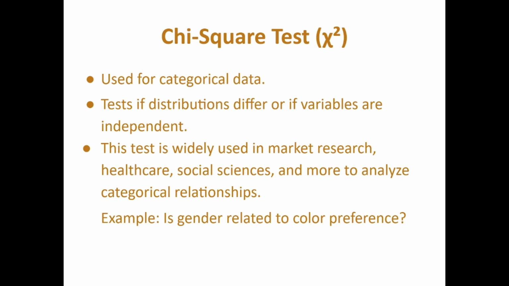A short example: is gender related to color preference or not? I want to determine whether a particular gender is fond of any particular color. To check the relationship between these two categorical variables, I can take help of chi-square.